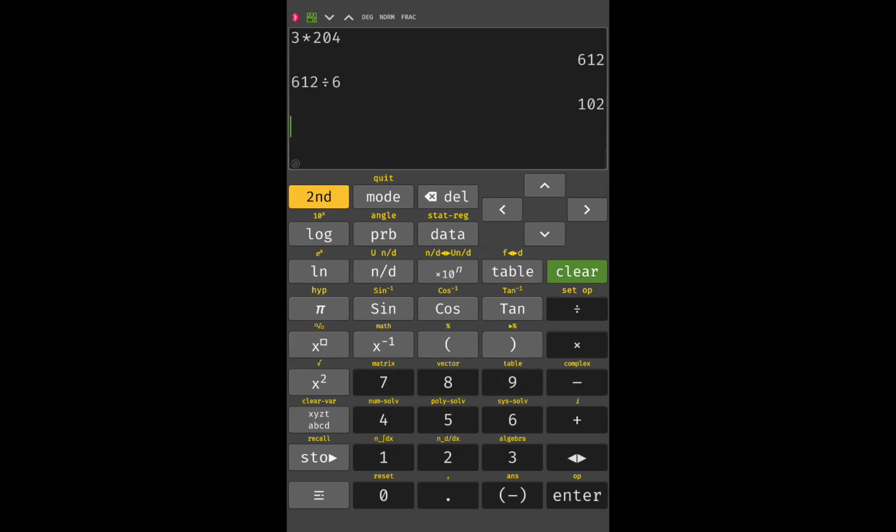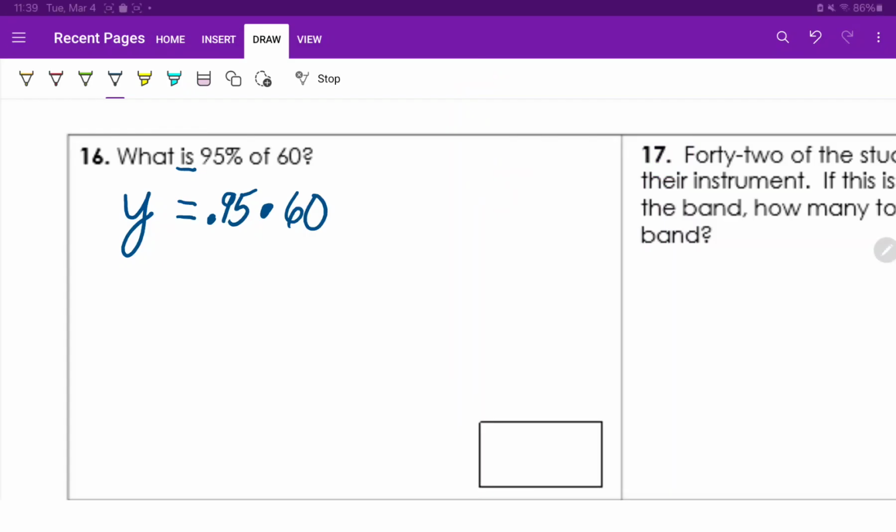So we're going to go over here to 0.95 times 60. And that's going to be 57. All right. So therefore, 57 is our answer right there.